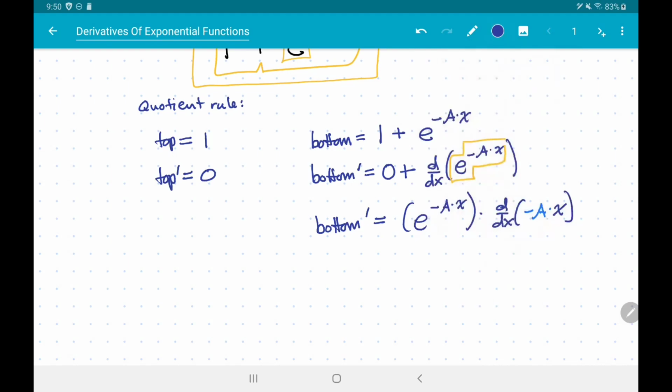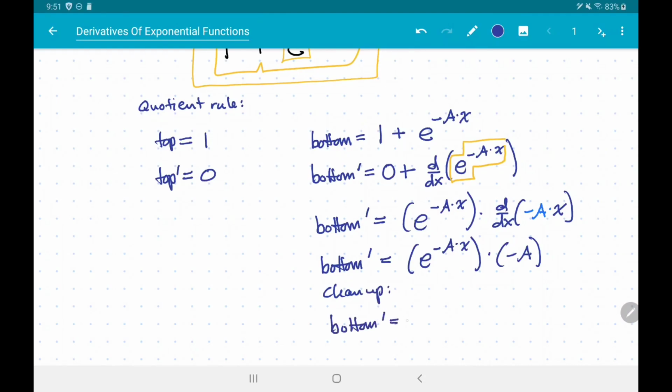We keep multiplication by a constant. So e to the negative a times x times, and this becomes negative a times 1, if you like. But usually we don't bother writing times 1. And finally, we can do a little cleanup: negative a times e to the minus a times x.